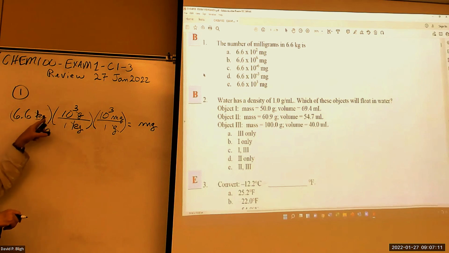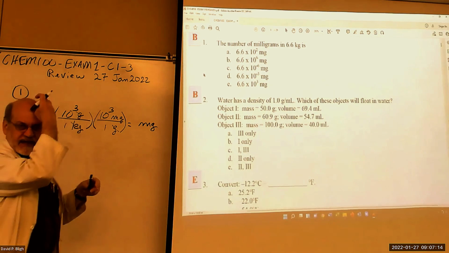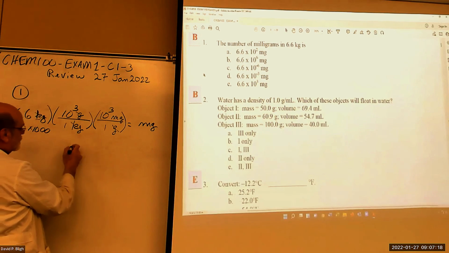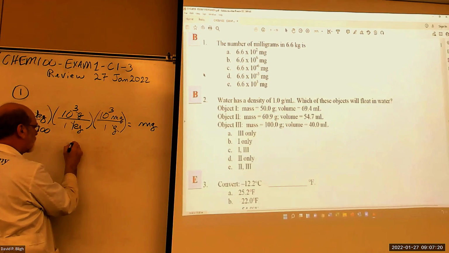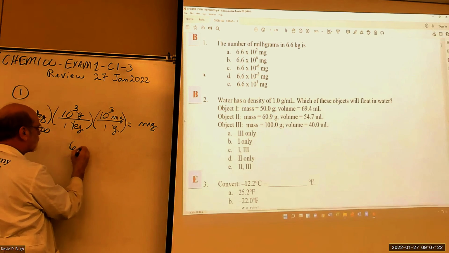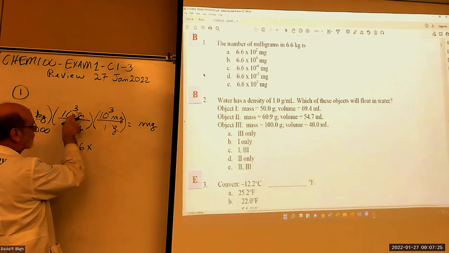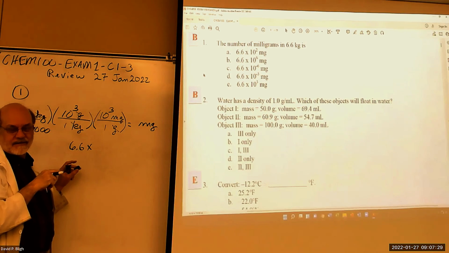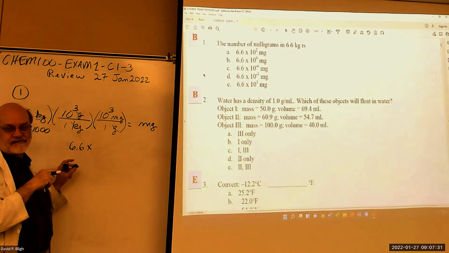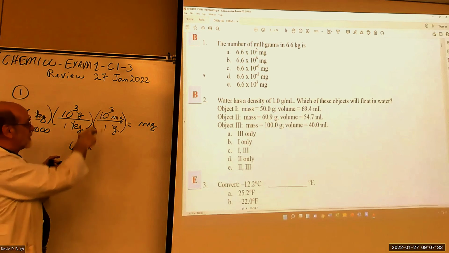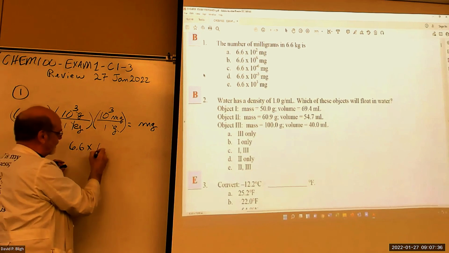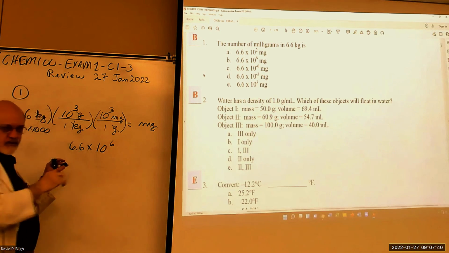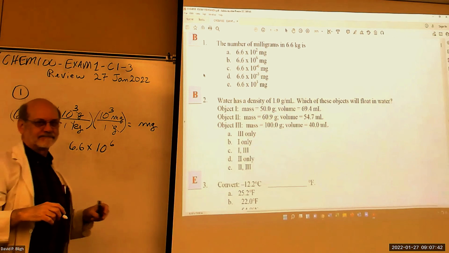And since our conversion factors are all powers of 10, we don't even need our calculator. Right? We just say 6.6 times 10 to the third times 10 to the third is 10 to the 6th. 3 plus 3. Okay? That's one of those rules you learned in math.